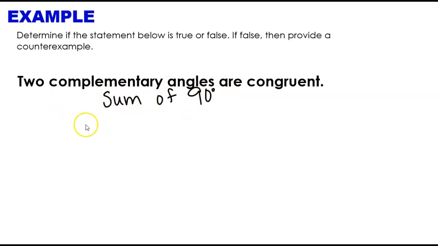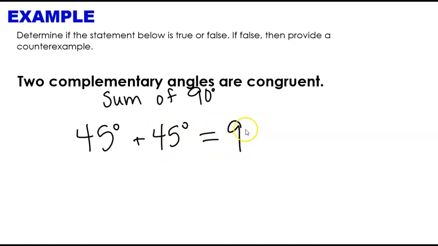That could be a 45-degree angle plus a 45-degree angle. Hey, those are congruent, right? Those are congruent, and they add up to 90 degrees. Well, cool. Okay, but what about this? What if I had 50 degrees plus 40 degrees?